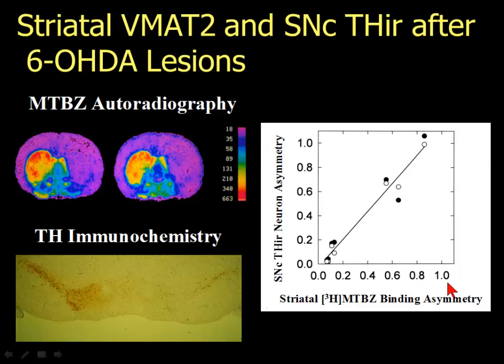So what we see here are, across a number of animals, a binding asymmetry from practically none, so these were missed, to some that have a very severe asymmetry. There's a linear relationship between the tetrabenazine binding in the striatum and counting the number of dopamine neurons remaining in the substantia nigra. So it looks to us like this is a very reliable measure of death and damage to these dopamine neurons when the damage is permanent.